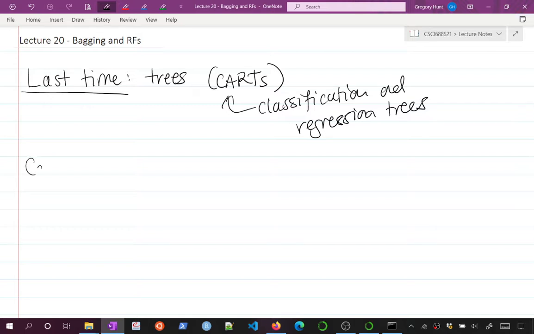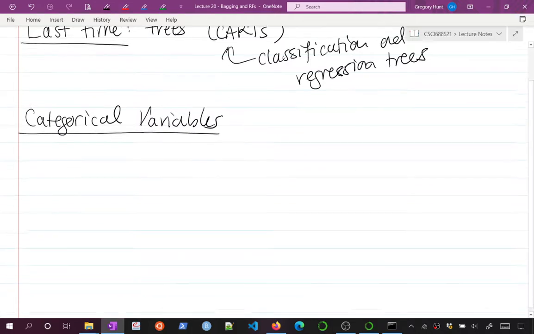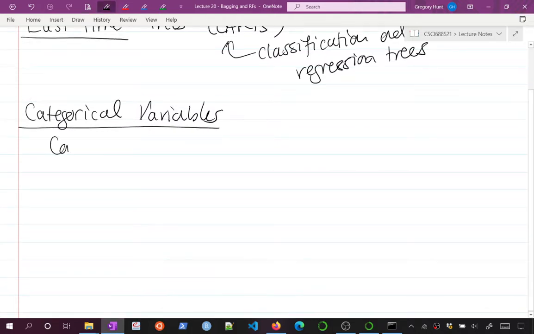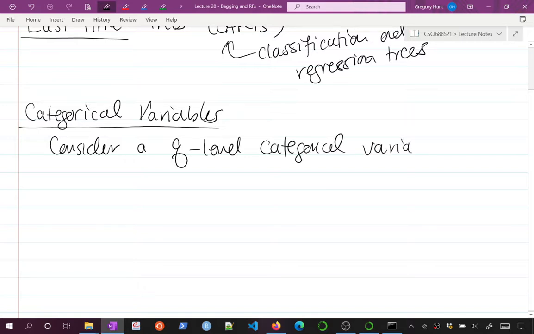So the first thing I want to talk about is categorical variables. So if I have a categorical variable, let's say consider a Q level categorical variable, a split here.